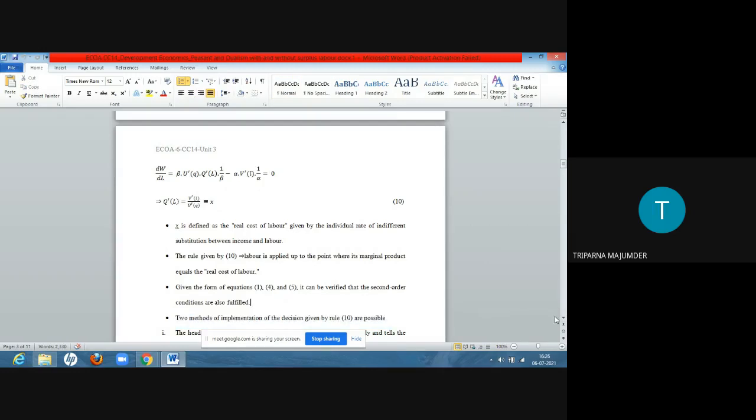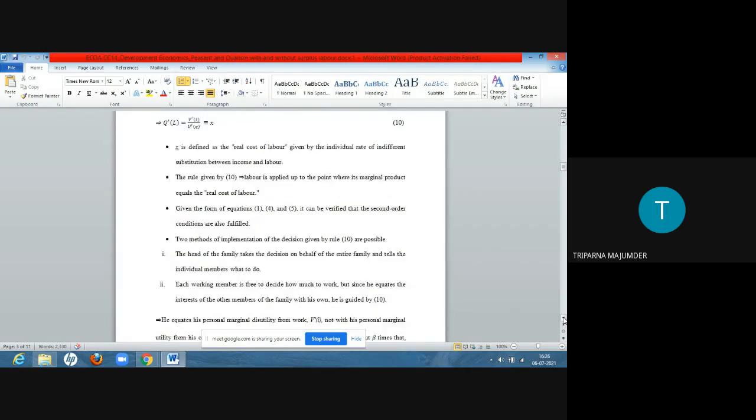Now, two methods of implementation of Rule 10 are possible. First, the head of the family takes the decision on behalf of the entire family and tells the individual members what to do.